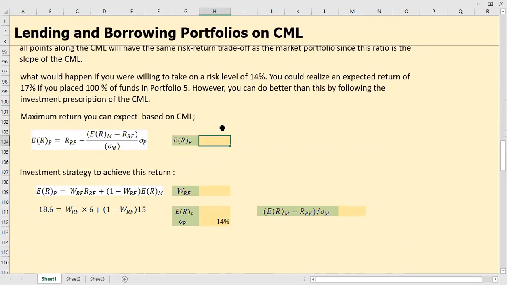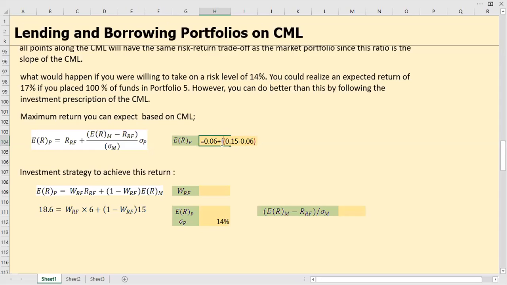So it is easy. Expected return equals the risk-free return, we already know 0.06 according to the sum, plus the expected return of the market, it was 15%.